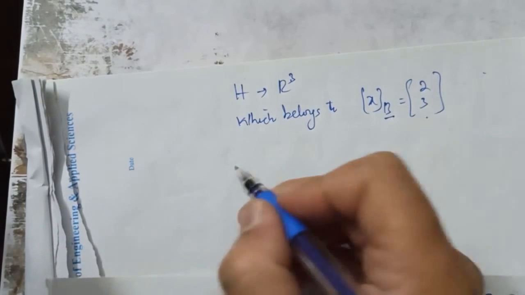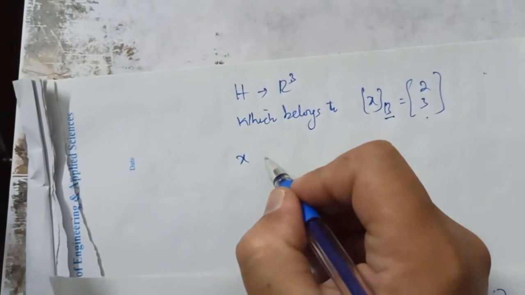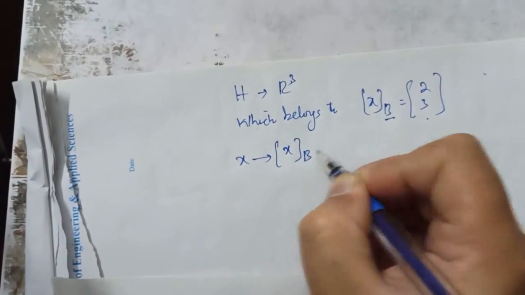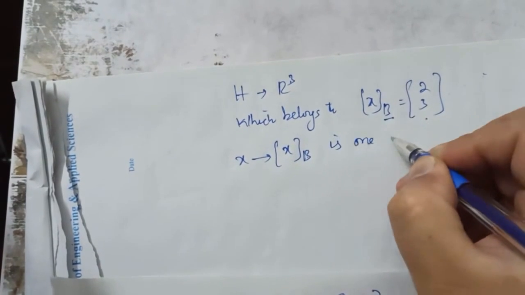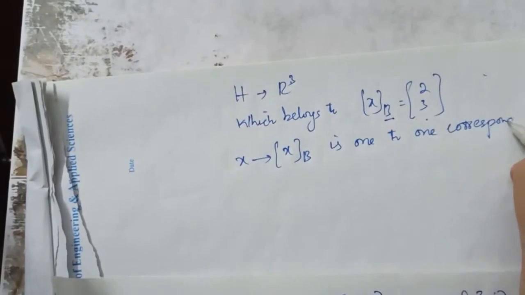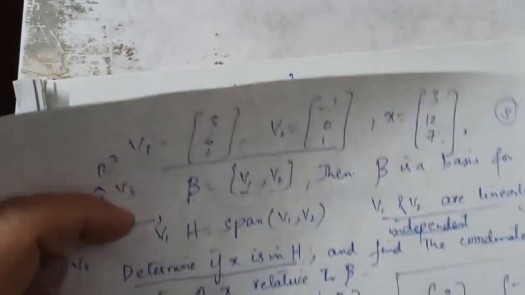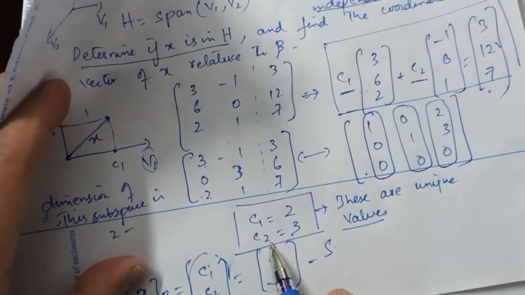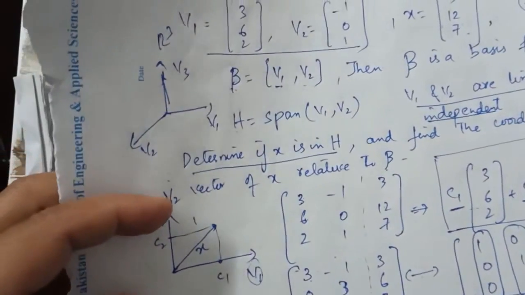Now the correspondence, which is x to x of B, is a 1-to-1 correspondence, because remember I told you earlier, there are only unique values of c1 and c2 that determine x.